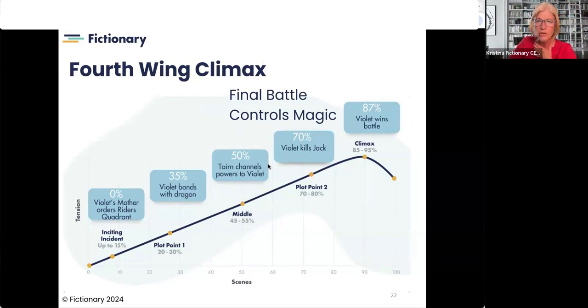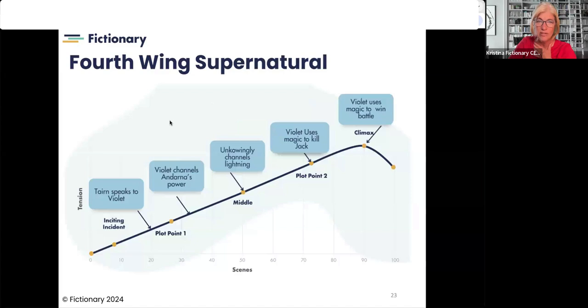So these are her main plot points. So then if we go to the supernatural, this is where it gets a little interesting. So her first event in the supernatural, so Violet's magic is she has to bond and control magic through this dragon.